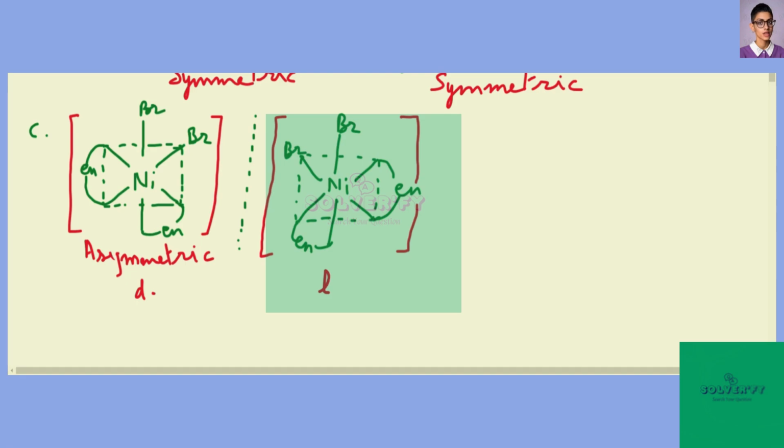That means if one can rotate the plane of polarized light in the right hand direction, the other will rotate the plane of polarized light to the same extent in the left hand direction, and their mirror images are always non-superimposable mirror images. So this C molecule is optically active.